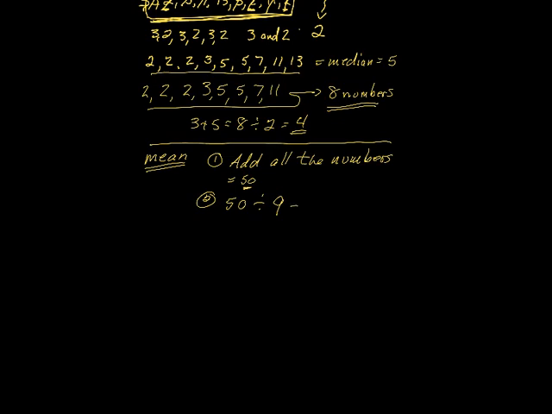This is obviously going to give us a decimal number. Okay, so 50 divided by 9, 6 nines are 54, so it'll be 5 nines 45, so it'll be 5.55 and so on.